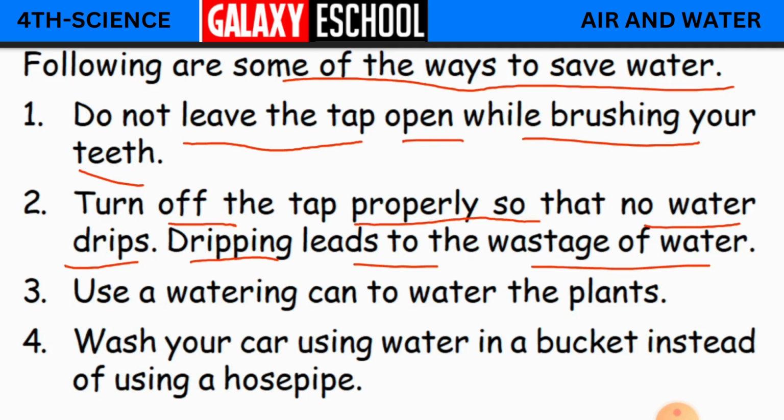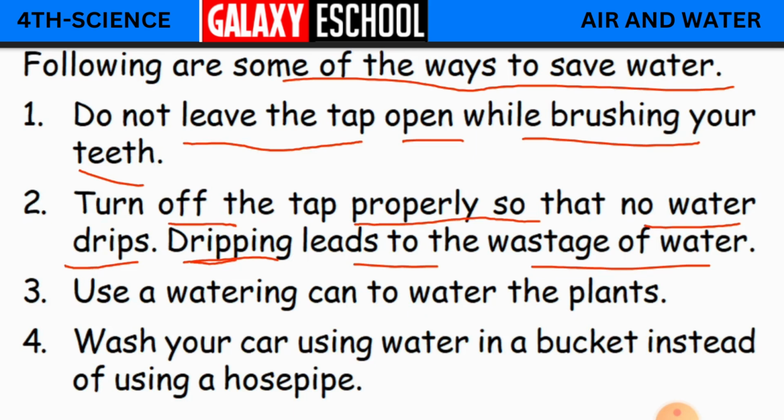This has to be stopped. When you turn off the tap, turn it off properly, tightly, so that no droplets of water come out. This dripping is going to lead to wastage of water.